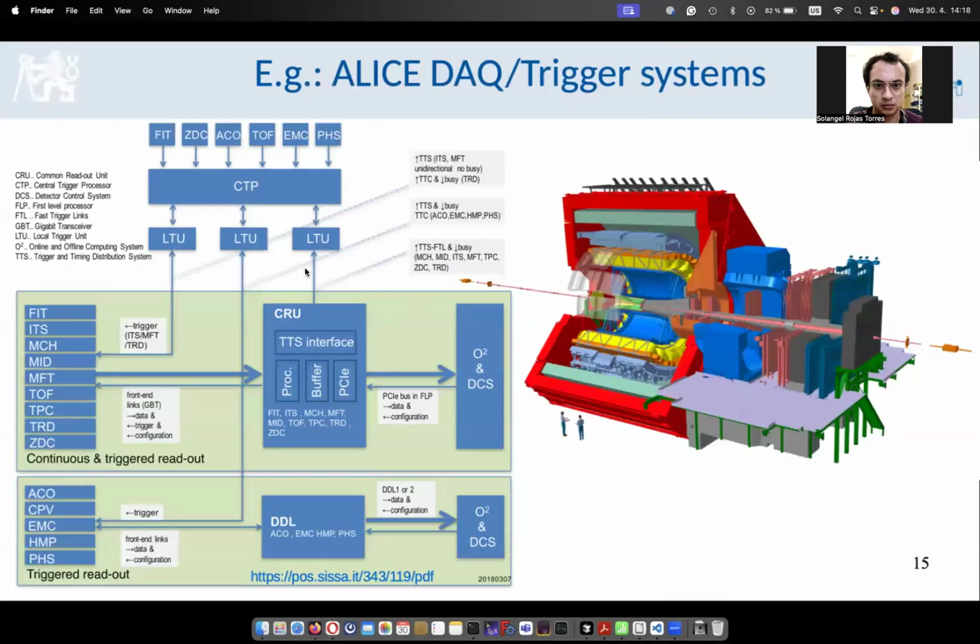So this is the basic picture of how the workflow of the data is flowing, trigger and data. You have specific detectors that provide trigger signals, and all the trigger signals are processed by the central trigger processor unit.